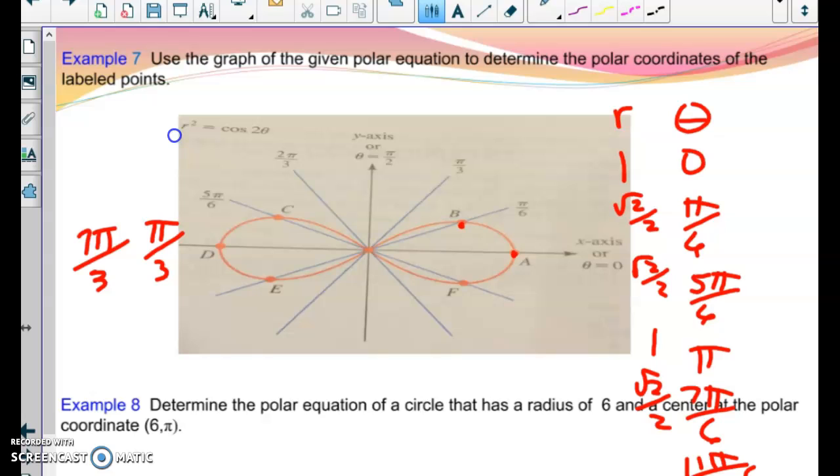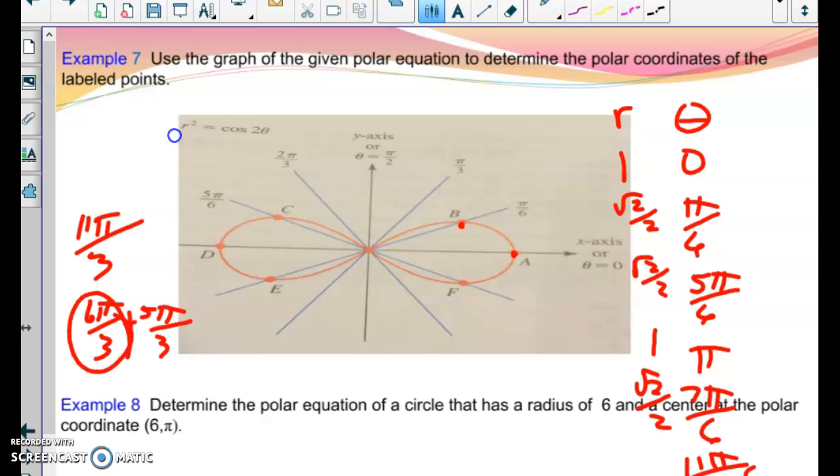And we also know at 11 pi over 6, if I multiply that by 2, I get 11 pi over 3, which is the same as 6 pi over 3, which is 2 pi, plus 5 pi over 3. So that's just a lap.